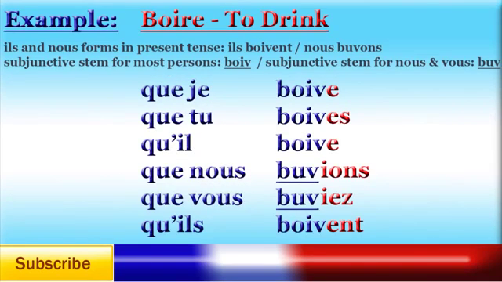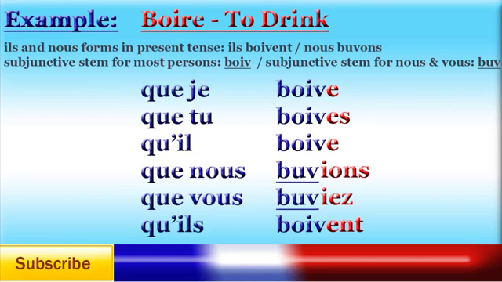For example, here's the stem-changing verb boire, to drink. The ils and nous forms of the present tense are ils boivent, ending in ent, and nous buvons, ending in ons.